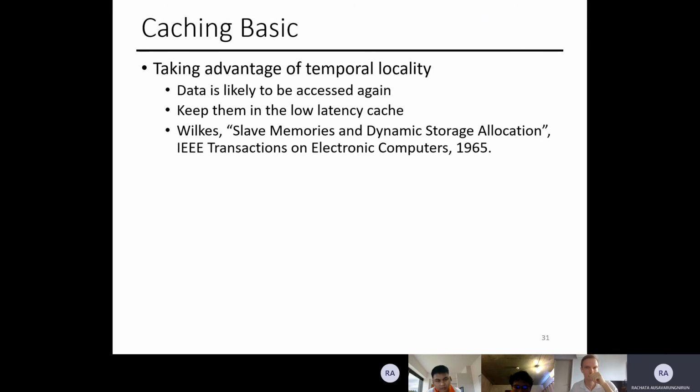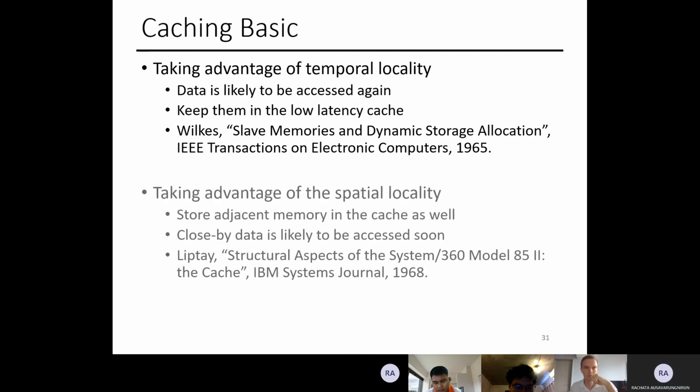So you can have this in the paper from 1965, we called it slave memory. These days we call it cache, right? You can take advantage of both the temporal locality and spatial locality. These days we take advantage of both of them in our cache. You notice it's 1968, these days 2020, the cache technology improved quite a lot, right?